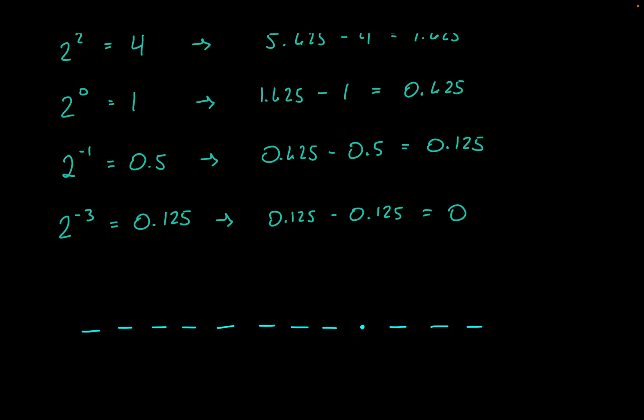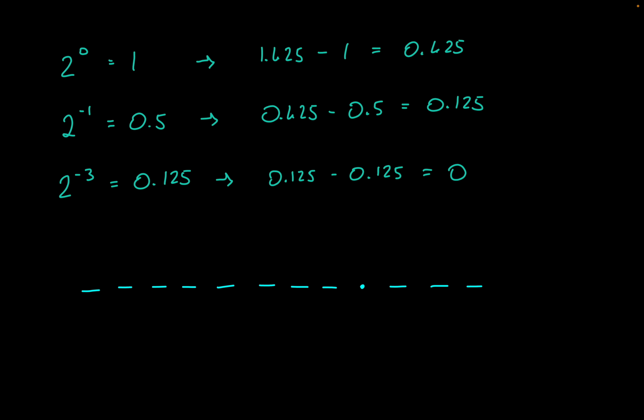So we have our decimal point, and directly to the left of it, we'll have 2 to the 0, 2 to the 1, 2 to the 2, 2 to the 3, and so on. And off to the right side of our decimal, we'll have 2 to the negative 1, 2 to the negative 2, and 2 to the negative 3. You can imagine for larger and larger base 10 numbers, we'll need more and more of these lines going across so that we can fully express our binary number.